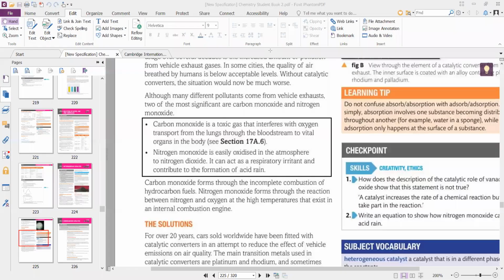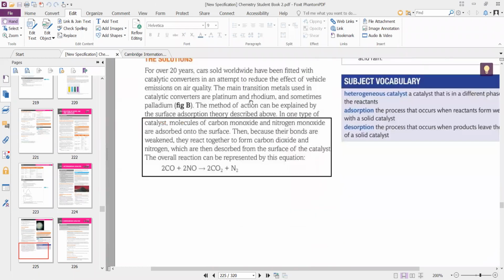Now, as a solution for the emission of these gases, a catalytic converter is fitted in the exhaust pipe of the vehicles.